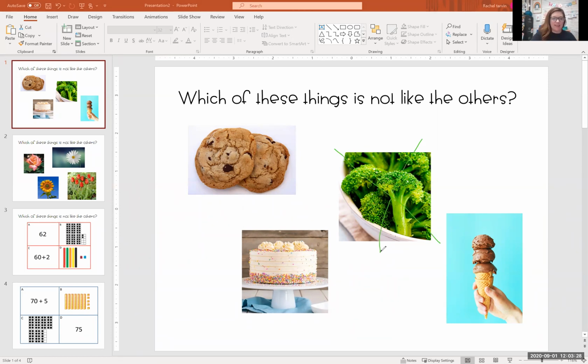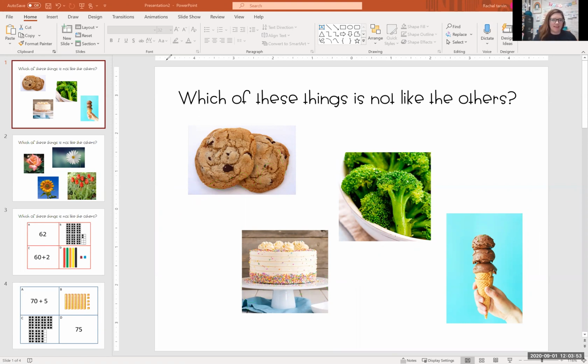And my thinking is that this is a dessert, and this is a dessert, and this is a dessert. So ice cream, cake, and cookies are all desserts. Those are all like each other. But broccoli, that's not the same. I would not eat that as dessert. Maybe you would. Not me.